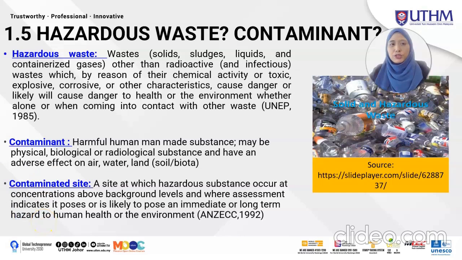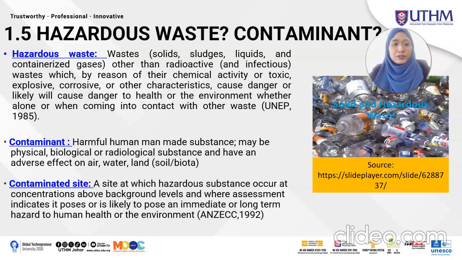Okay, now we proceed with the definition of hazardous waste, contaminant, and contaminated site. Let's proceed with hazardous waste, which means waste, for example solids, sludges, liquids, gases, other than radioactive, which has different characteristics, for example toxic, explosive, corrosive, or any other characteristic which causes danger to human health or also the environment.